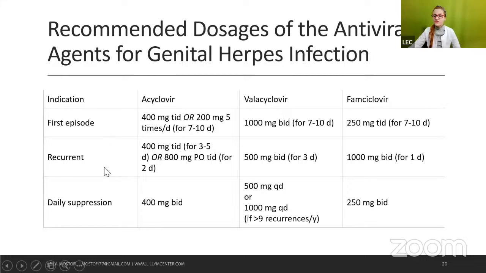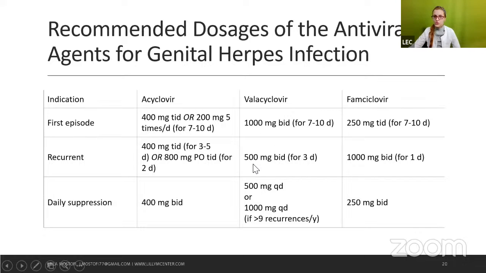For the recurrent stage, first we try acyclovir, 400 milligrams TID for 3 to 5 days, or 800 milligrams PO BID for 2 days. If the patient is resistant to acyclovir, we can go for valacyclovir and famciclovir.